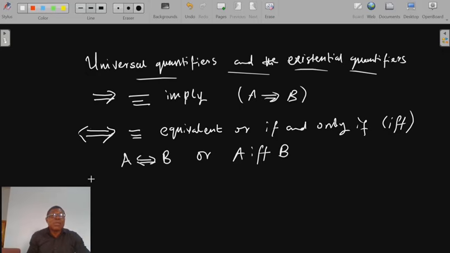Then another symbol which I meet is this symbol. Even though I've used it before, it's good we emphasize more on it.